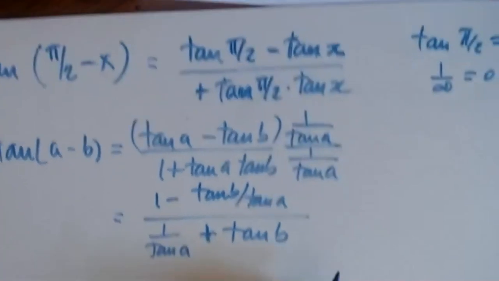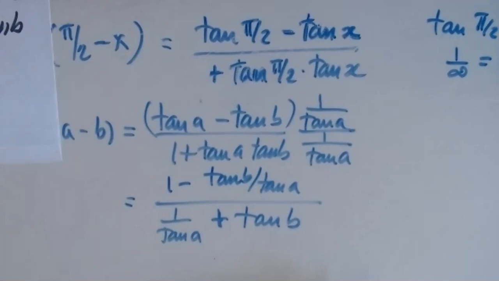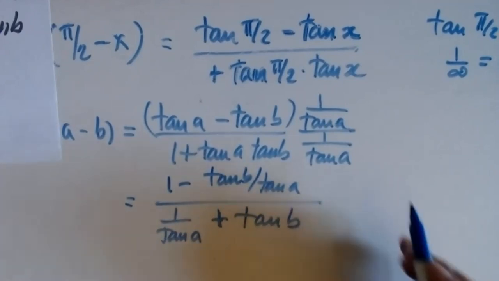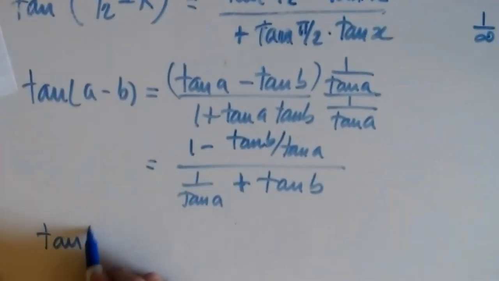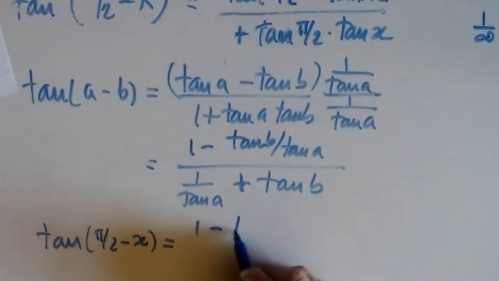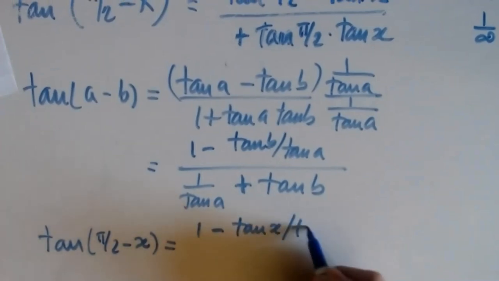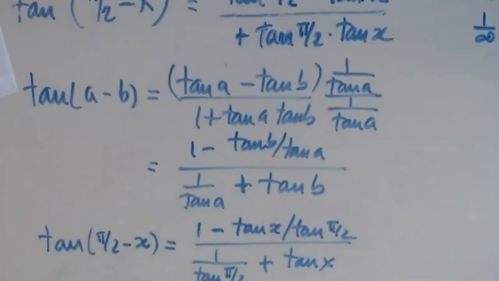Now, with this equation right here, I'm going to solve this one. It's going to be very simple. Tangent of pi over 2 minus x is 1 minus tangent x over tangent pi over 2, over 1 over tangent pi over 2 plus tangent x, correct?